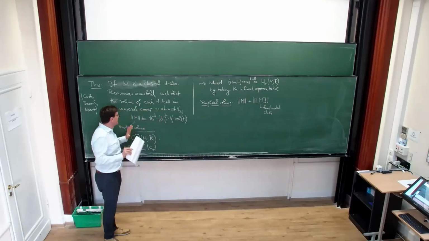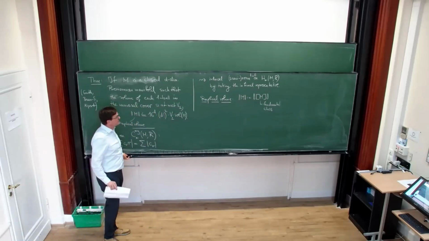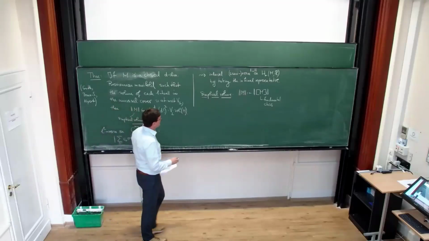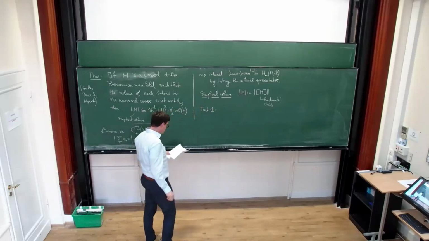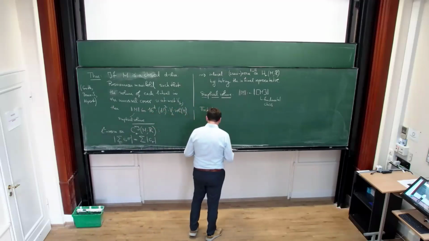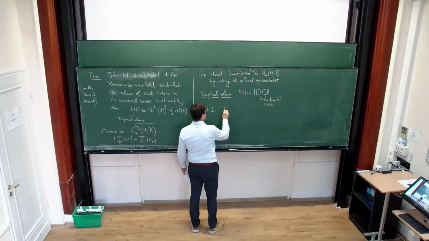And okay, there are many things to say about the simplicial volume. Let me keep it short, present you a few facts. So fact one, which is a very easy one, is there is a multiplicativity with respect to finite covers.